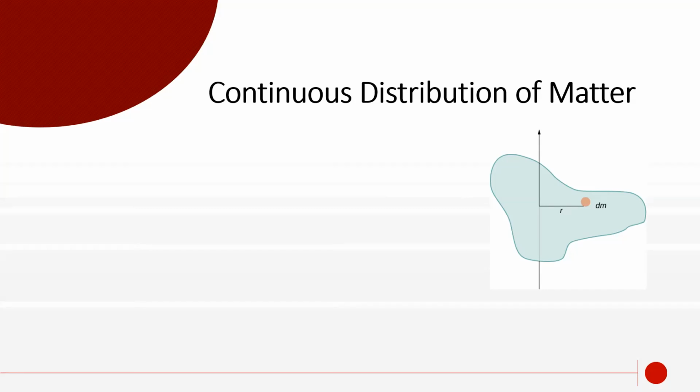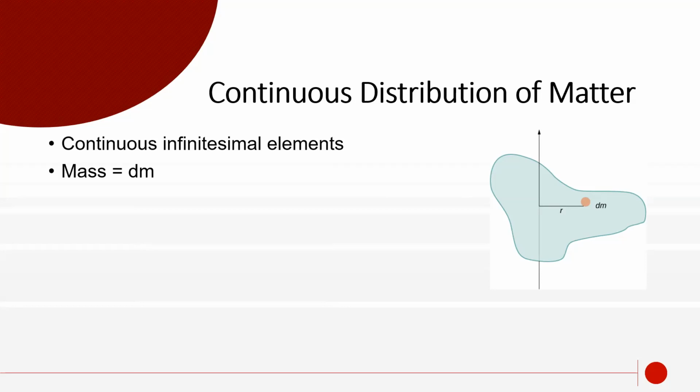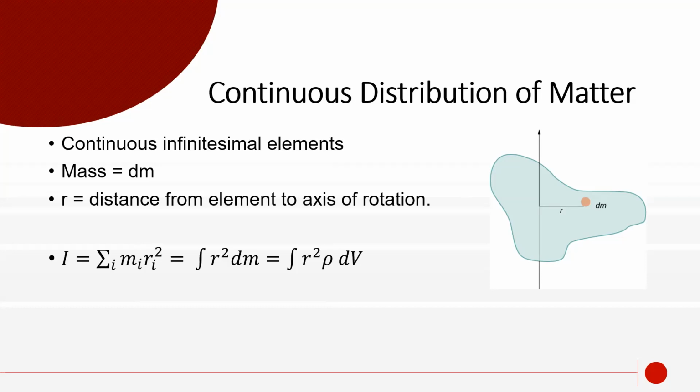For a complicated body, we imagine the body to be subdivided into infinitesimal elements, each of mass dm, and r is the perpendicular distance from each element to the axis of rotation. The summation expression then becomes an integral expression, where the integral is taken over the whole body of the, quote, blob.